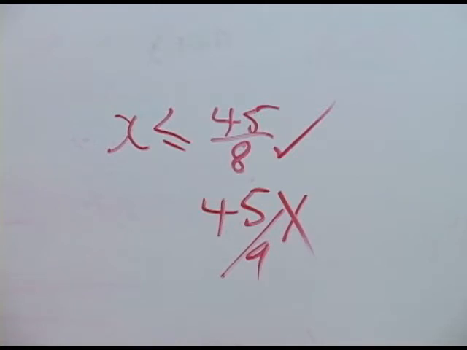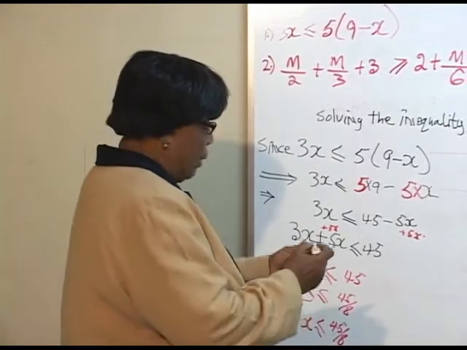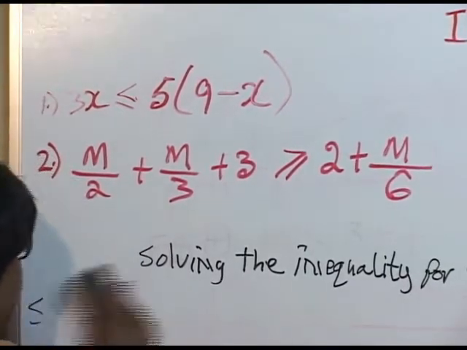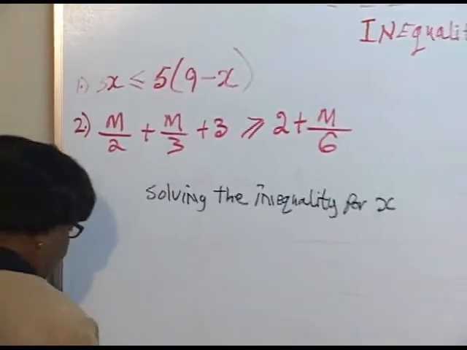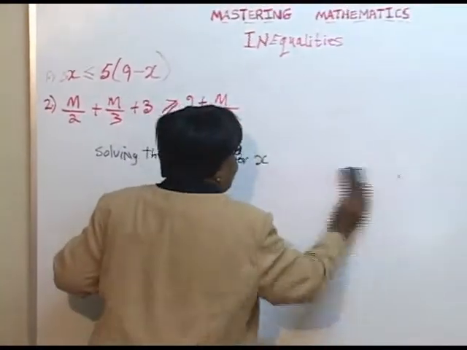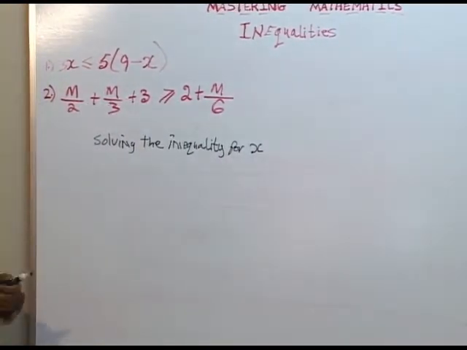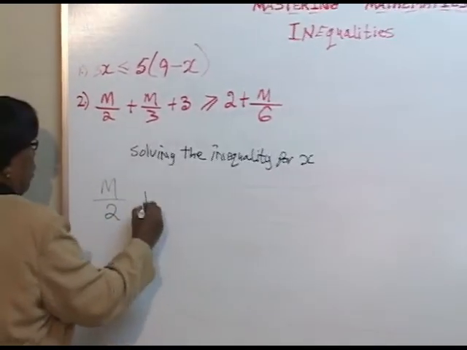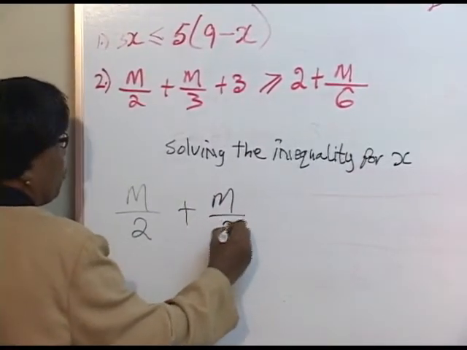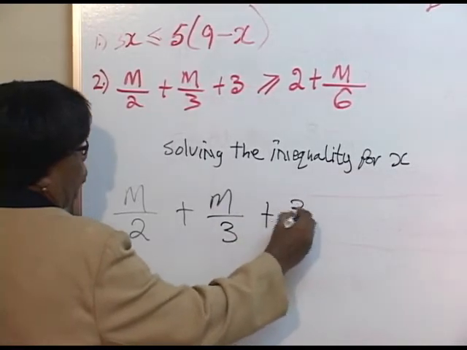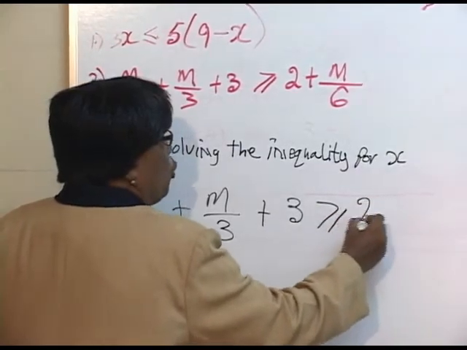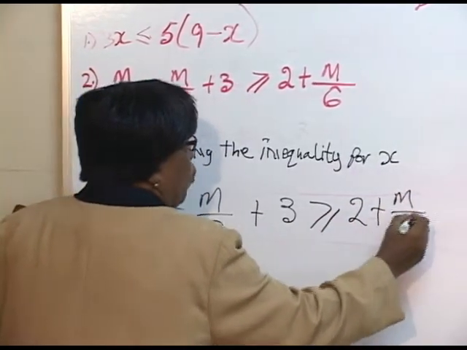All right? Now, let us look at something a bit more complicated and see what we do when we have that type of inequality. So our second example, this one, where we have m over 2 plus m over 3 plus 3, and it is greater than or equal to 2 plus m over 6.